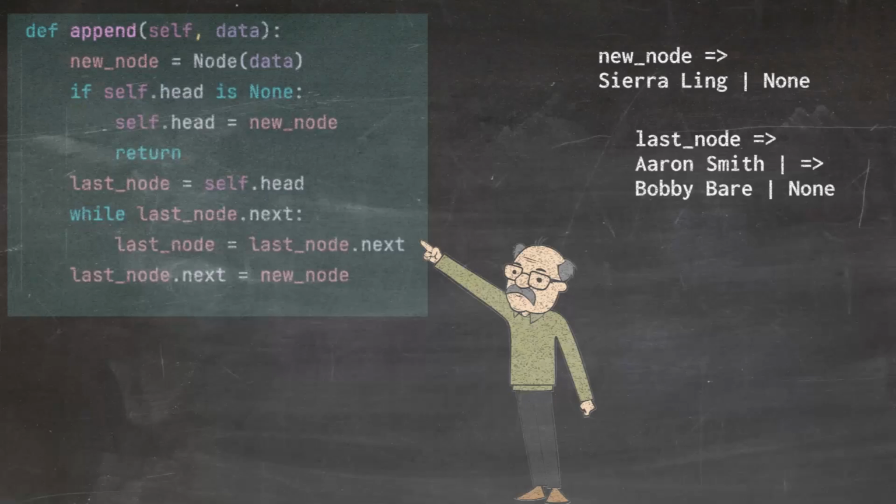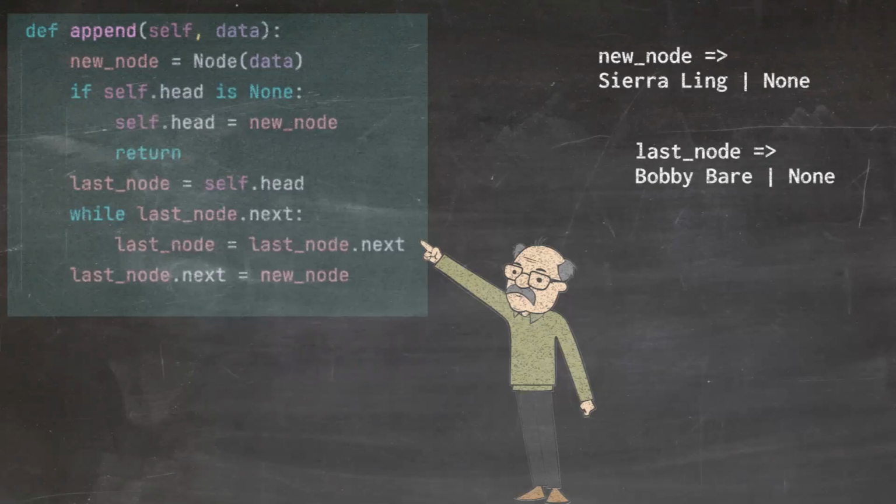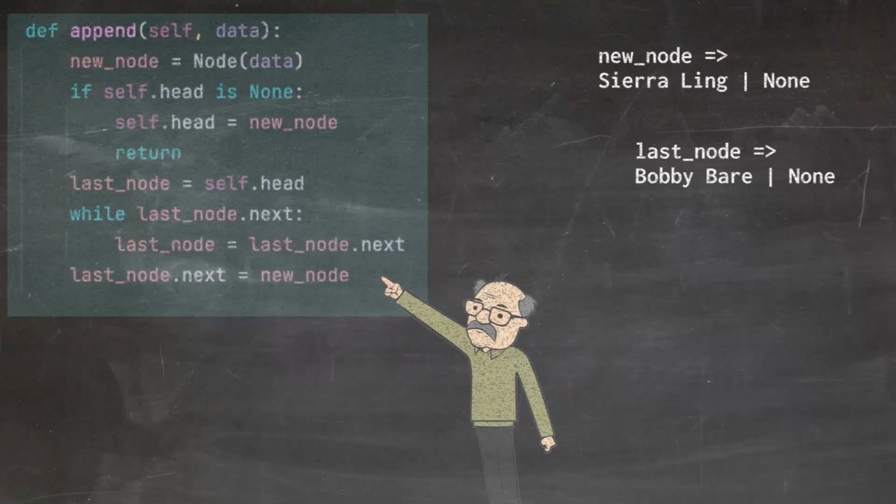So in the while loop, we update last node to be the pointer that last node points at. Now, last node points at a node that contains Bobby Bear and has None as its pointer to the next node. So we exit the while loop and we update last node next to be equal to the new node.